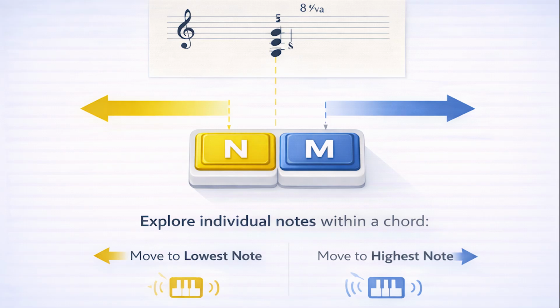Pressing N moves to the lowest note, listening to its pitch in the same way. This function is available when the cursor is on a note, on an interval sign, or on signs connected to a note or to an interval of the chord, such as staccato marks, octave signs, fingerings, and more. In this way, it is possible to enter the chord and inspect it note by note, while remaining in the same position in the score.